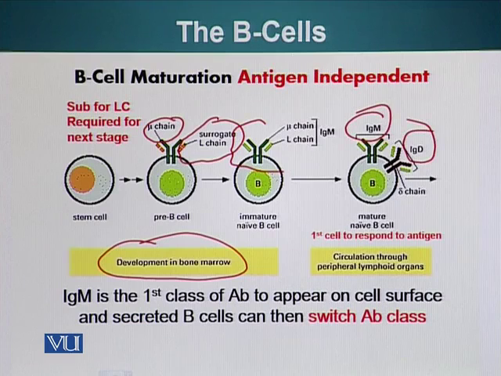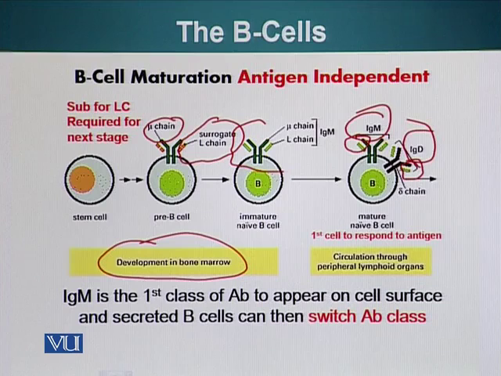A B cell can only produce an antibody with a single antigen binding specificity. Antibody has 2 antigen binding sites, but that is constant. If this B cell now decides to produce a different type of antibody, it will still have the same antigenic specificity in these particular antigen binding sites.